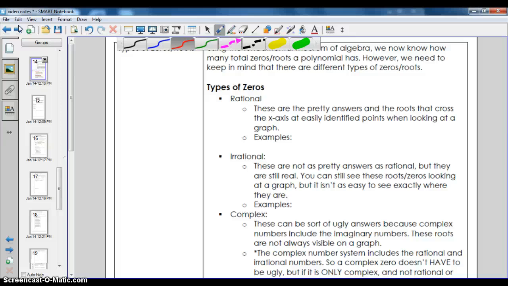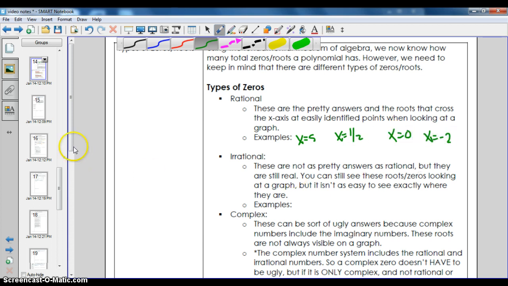So using the fundamental theorem of algebra, we now know how many total zeros or roots a polynomial has. However, we need to keep in mind that there are different types of zeros and roots. There are rational. So for example, rational are the pretty answers, the roots that cross the x-axis and are easy to identify, like x equals 5, or even 1/2, or 0, or -2.